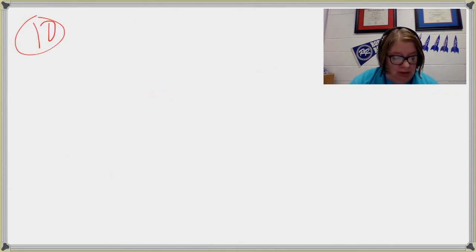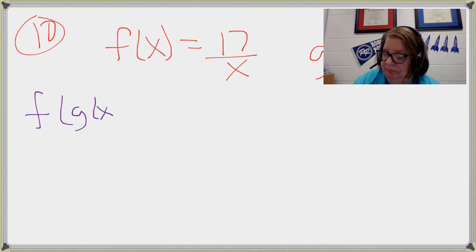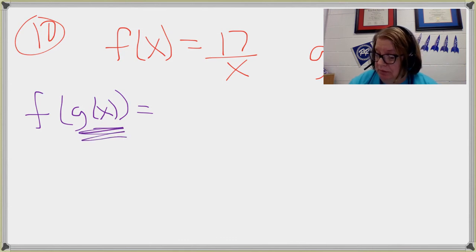All right, we got one more, number 10. F of x equals 17 divided by x. G of x equals, oh, wait a minute, 17 divided by x. It's the same thing, Mr. Dell. If I do composition of functions, I'm going to take what's in parentheses and put it in place of this x.